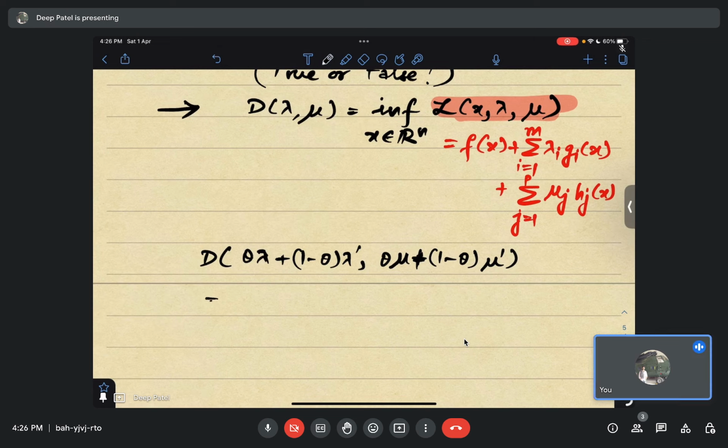So yeah, what will this be? Infimum over x in R^n of the objective plus, let me take a shortcut. Let me know if this is clear or not. I'll just write it directly.